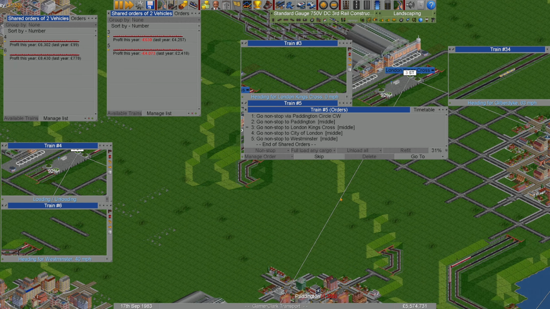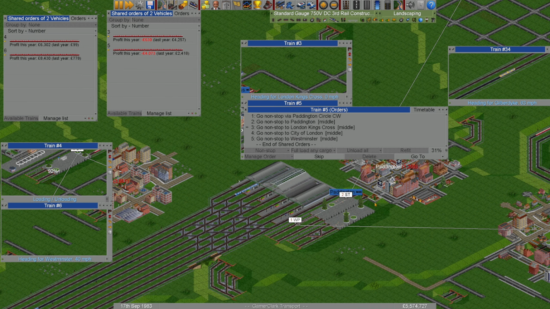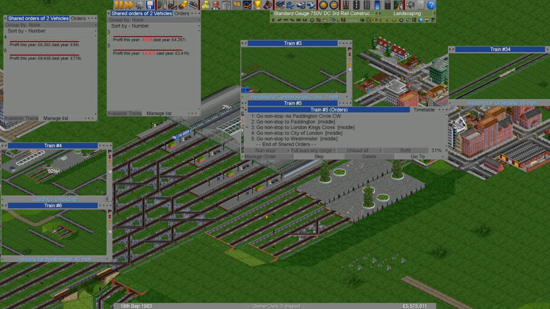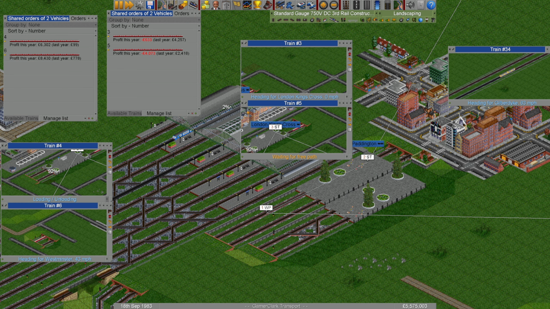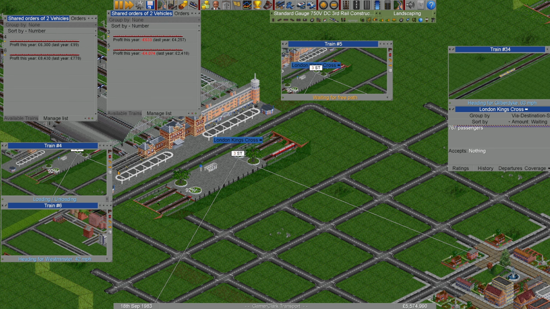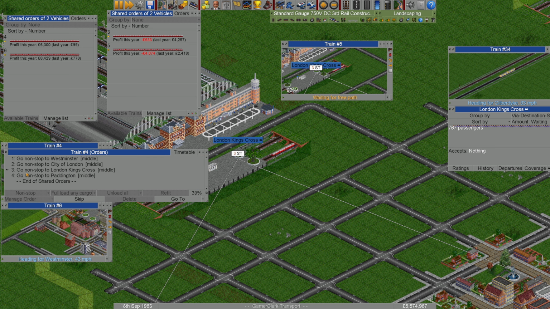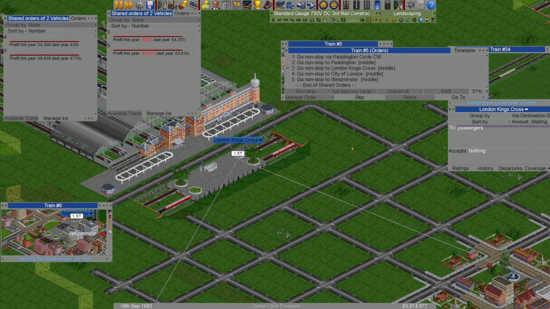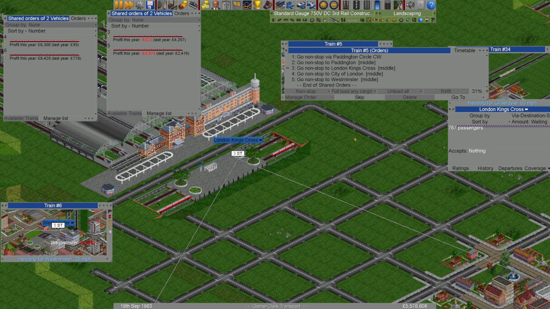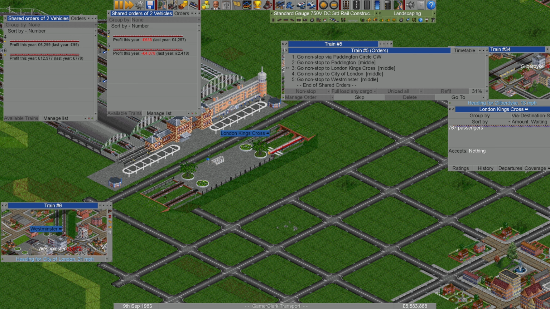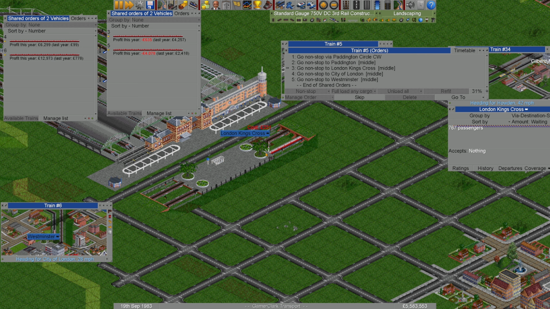Let's have a look. You see, they've already got a waypoint, haven't they? Is that because the waypoint's on board? No. Maybe it's because they got stuck. Maybe just send that one out this way. This one is going to King's Cross. He wants to go to the City of London next. So when that's out there, what we can do is cut that across there.